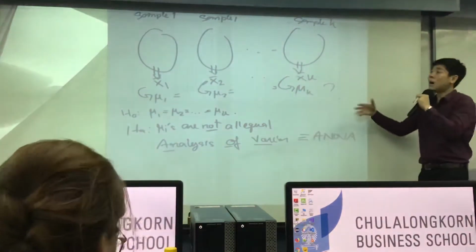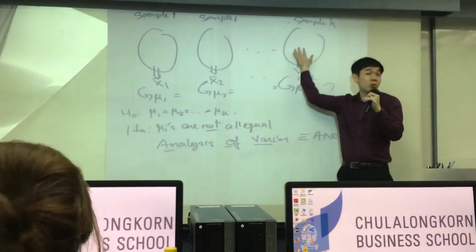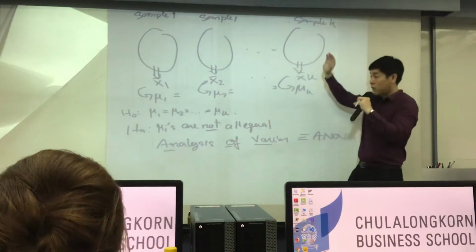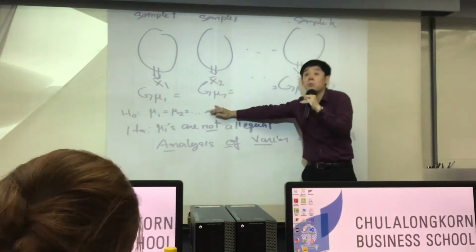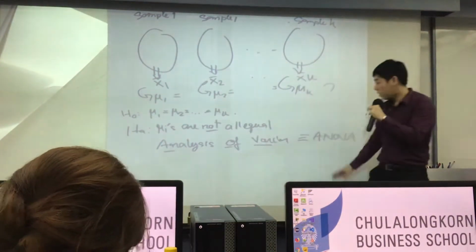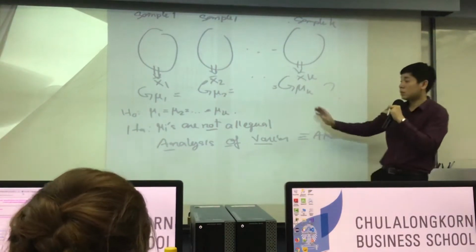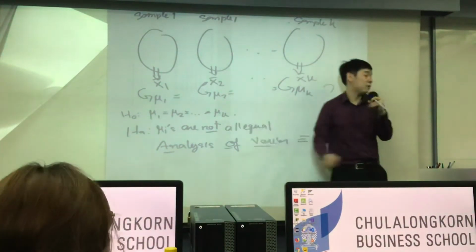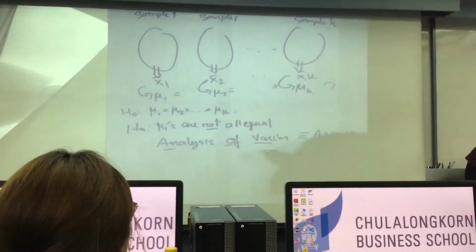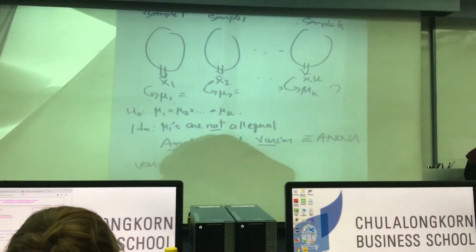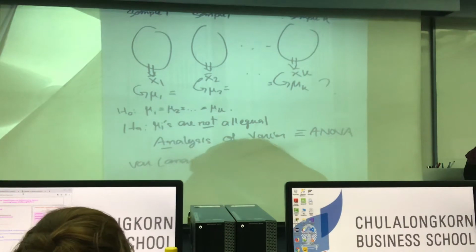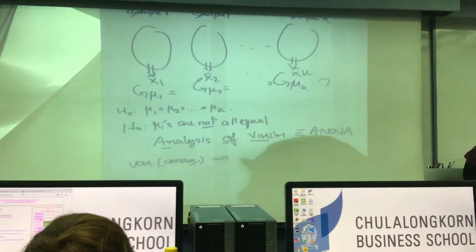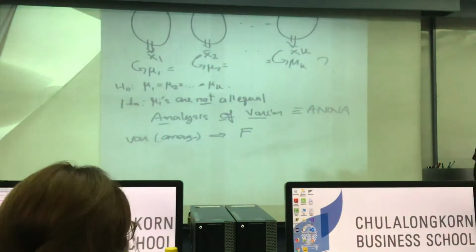If variance among X bar is small, you tend to choose H0. When the variance among X bar is large, you tend to choose HA. At the end, the variance among X bar, you translate to what we call the F test statistic.